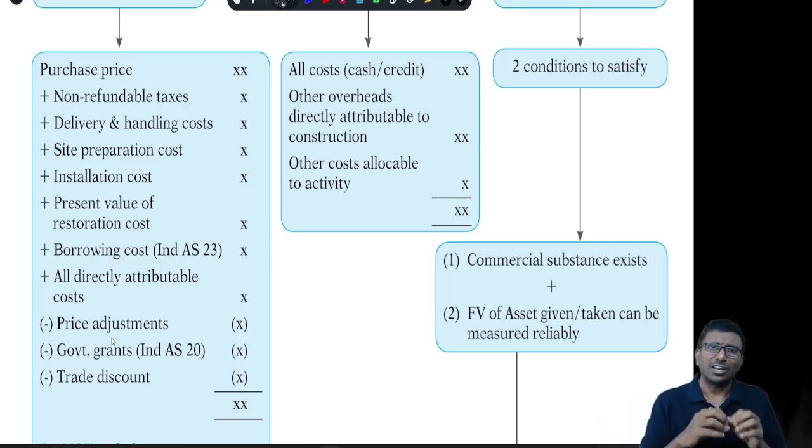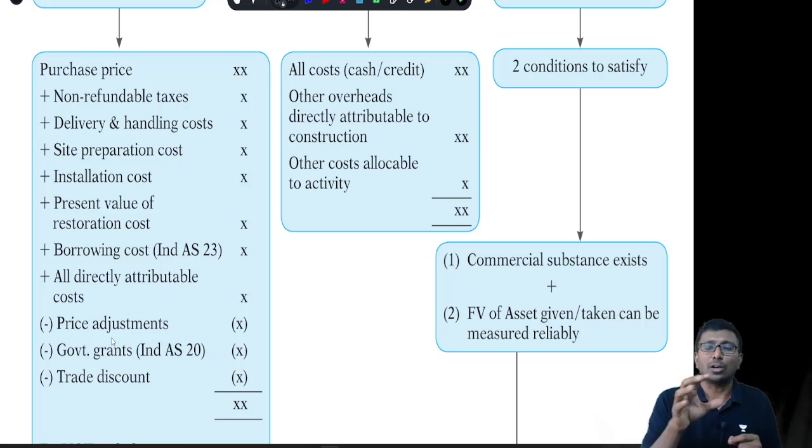Okay, right, and all other expenses, even trial run expenditure, net. All other expenses directly attributable to bring the PPE to the working condition will be added to the cost of PPE, and it will be reduced by any government grant, and any discount, that is trade discount, price discount, whatever such kind of discount, because that is not the amount you have lost, that's why it is going to be reduced. That net amount is going to be capitalized.